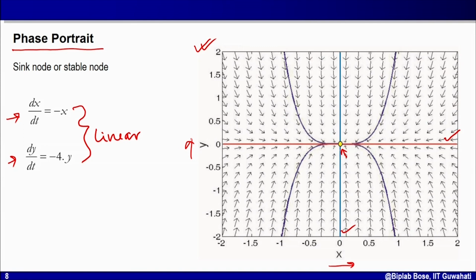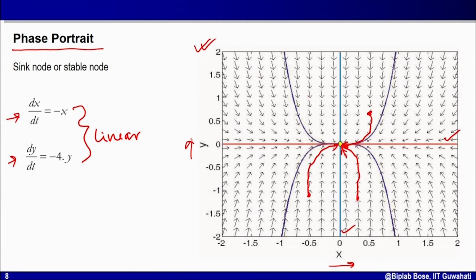If you look at the trajectory, you can see easily, if I start from this point, I will follow this arrow and collapse at 0, 0. If I start from this point, I will move towards 0, 0 and collapse there. If I start from this point, I will also collapse at 0, 0.